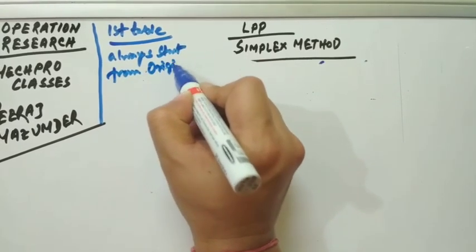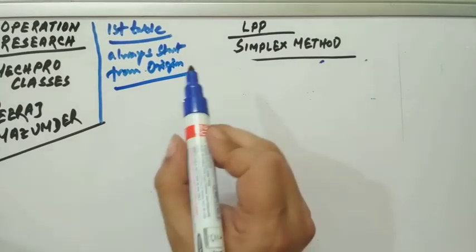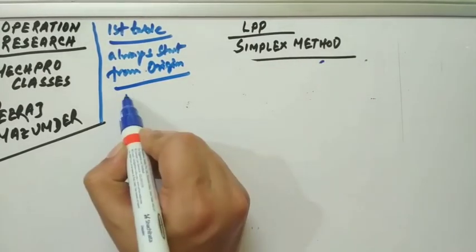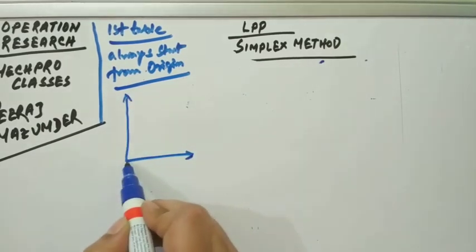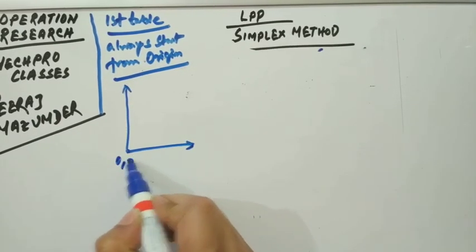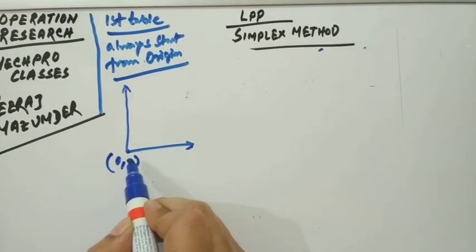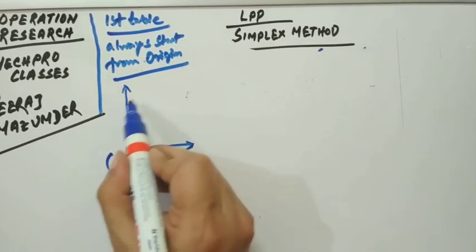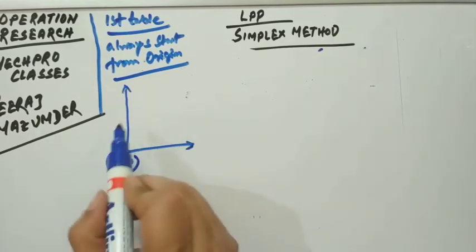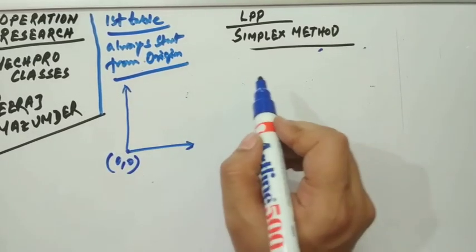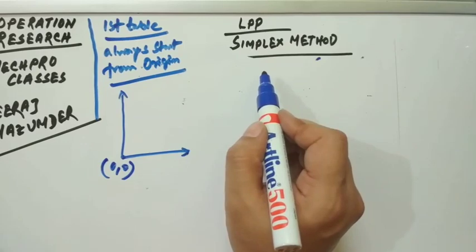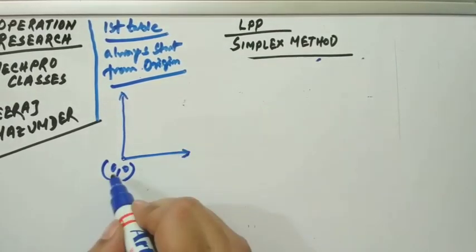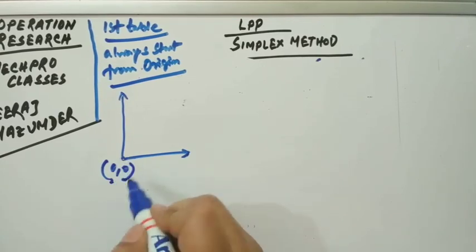As you have seen in my previous video, while solving LPP with the graphical method, the first corner point is always the origin point. Then it has to move in this direction or in this direction. That was in the case of graphical. So the first table of this simplex method also starts from the origin only. That means the value of z will be 0, because the x1 and x2 values will be 0 here.